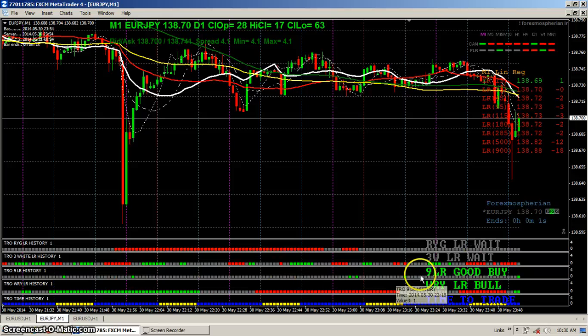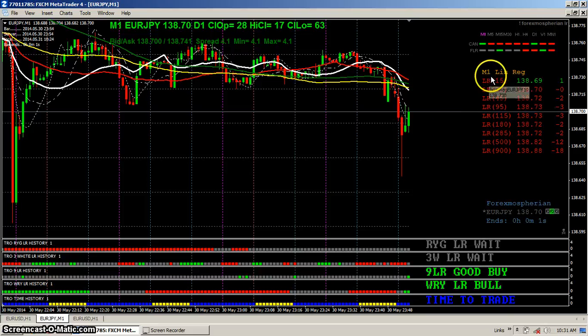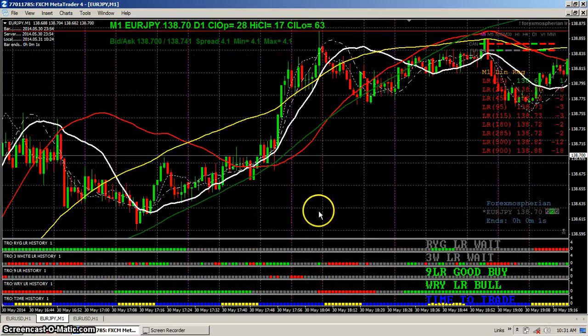So those are the first two. Now, you had mentioned if you get all of the linear regression lines, all 9, and even though I only show 6, I've got my gauge here that shows all 9 of the linear regression lines that you use on your chart. Well, if they're all under price, or if price is under all of them, then you have what you called a good buy, and if it's the other way, you'd have a good sell.